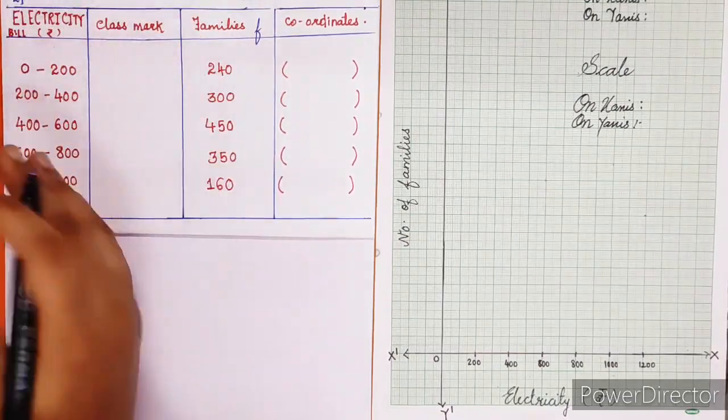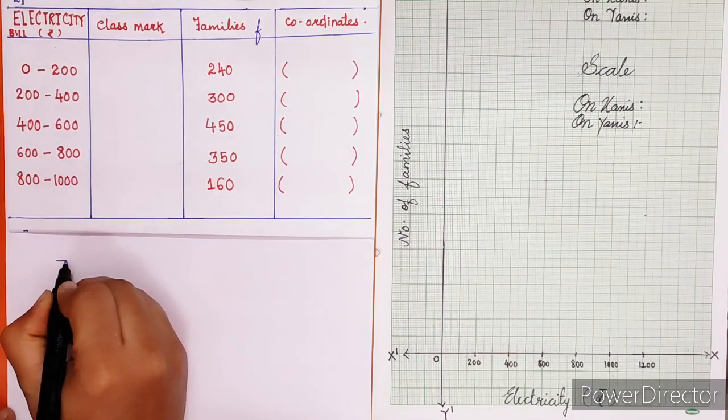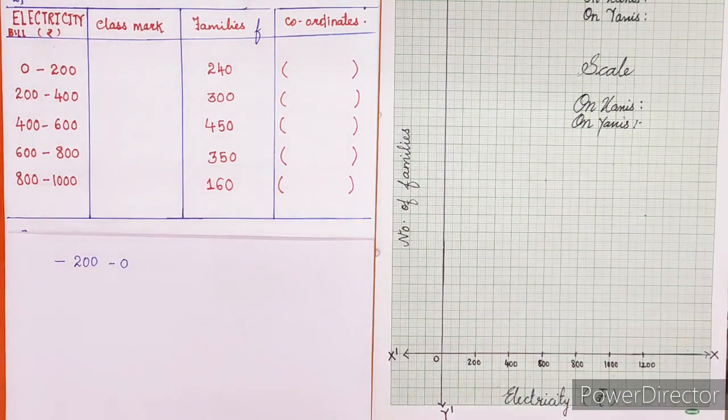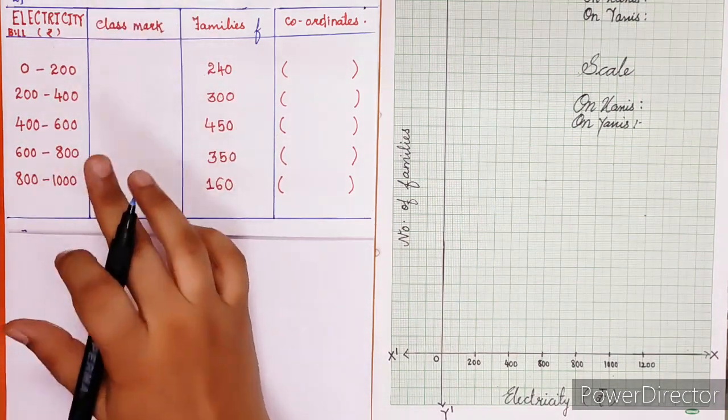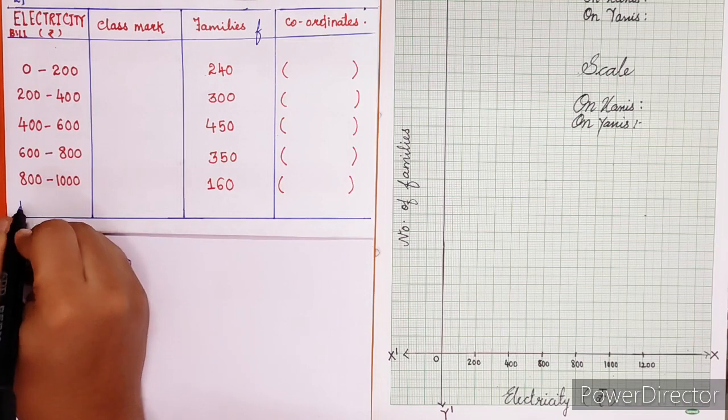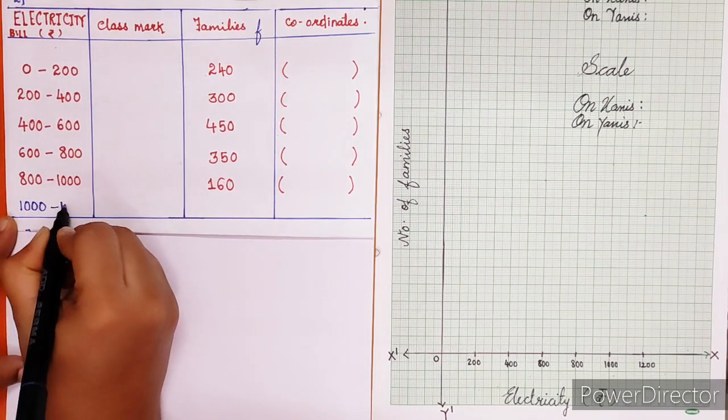Your preceding class, with the difference of 200, will be minus 200 to 0, and the midpoint will be minus 100, but the electricity bill cannot be negative. So for convenience, the midpoint of the preceding rectangle will be taken as 0, from the origin. For that reason we cannot make the preceding class because an amount of money cannot be negative, but we will make a succeeding class. Your succeeding class will be 1000 to 1200.